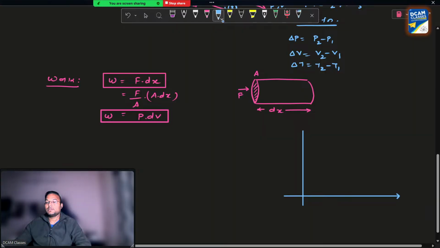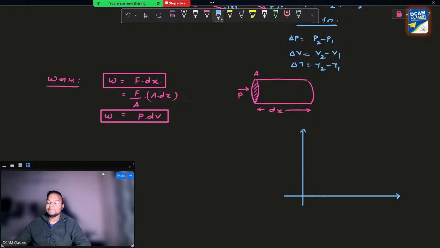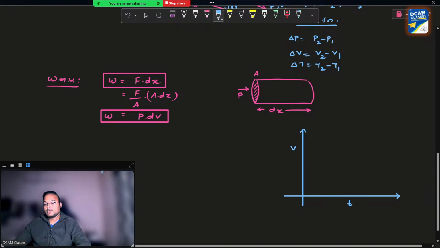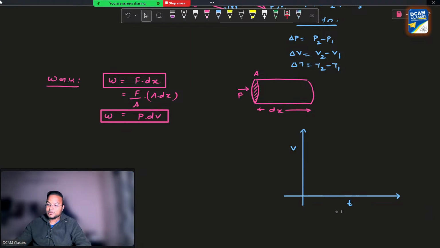Haripriya, Kanishka. What's the area under VT curve? I told you in the kinematics only, first one. Volume and time, no, sir. No. Velocity and time. There it would be distance. Distance, na? Correct.